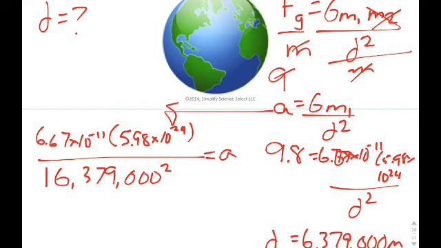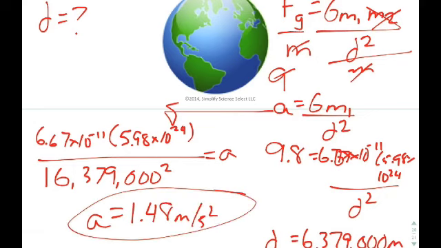When you do that, the acceleration gets to be much, much lower. You get an acceleration of about 1.48 meters per second squared. This right here approximates the acceleration on the moon. The moon has an acceleration due to gravity of roughly 1.6. So in order for us to have the same gravitational pull as the moon, you'd actually have to increase the distance, or go about 10,000 kilometers above the surface of the Earth.